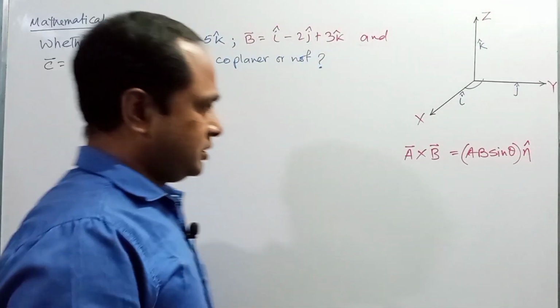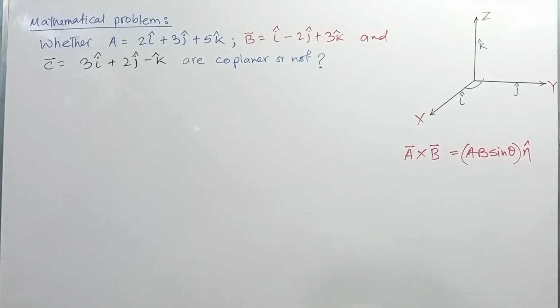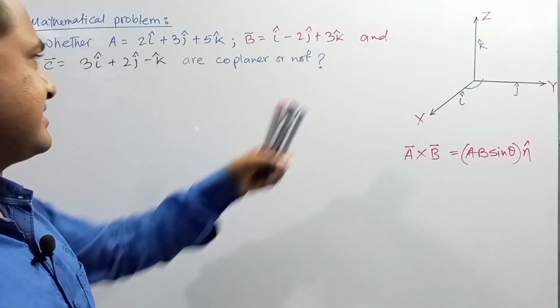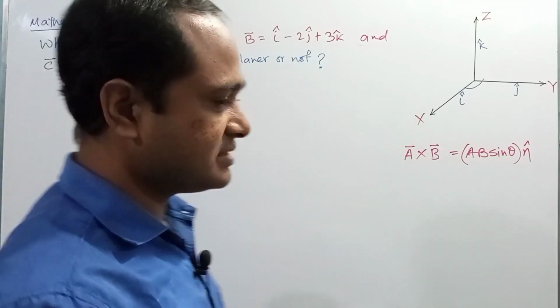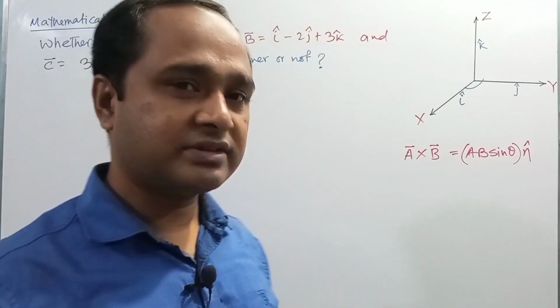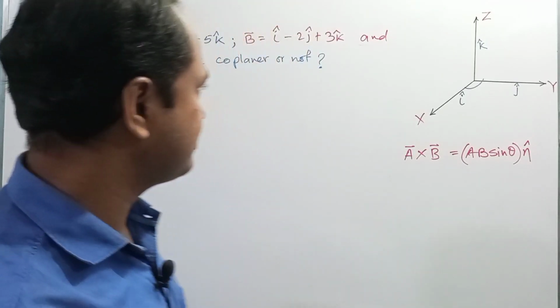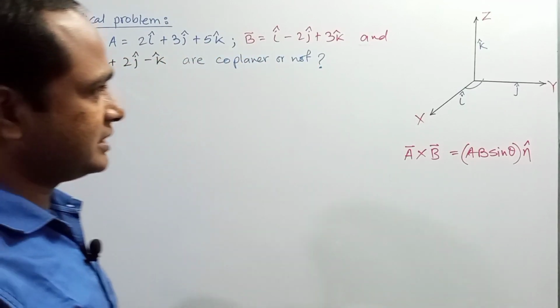Now we will see a mathematical problem related to cross product and dot product. They ask whether A, B and C are coplanar or not. You know what is coplanar? If two or three vectors lie on the same plane, then they are said to be coplanar. So here we have to verify whether A, B and C are coplanar or not.